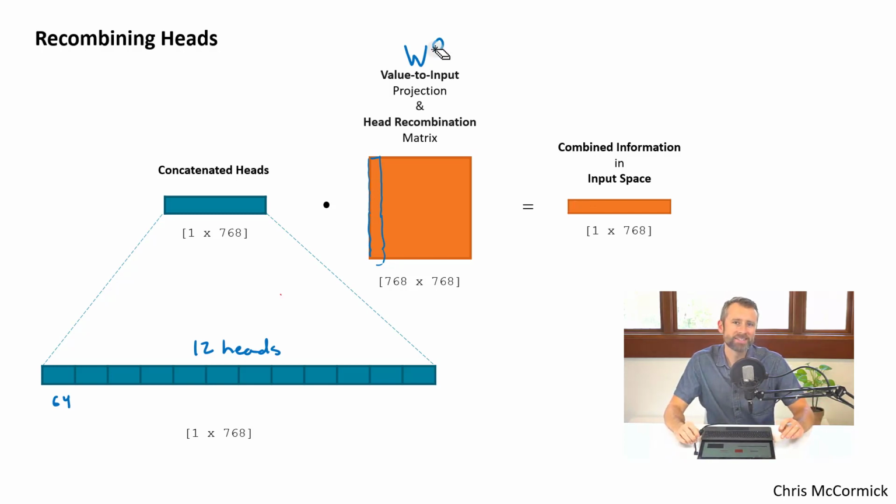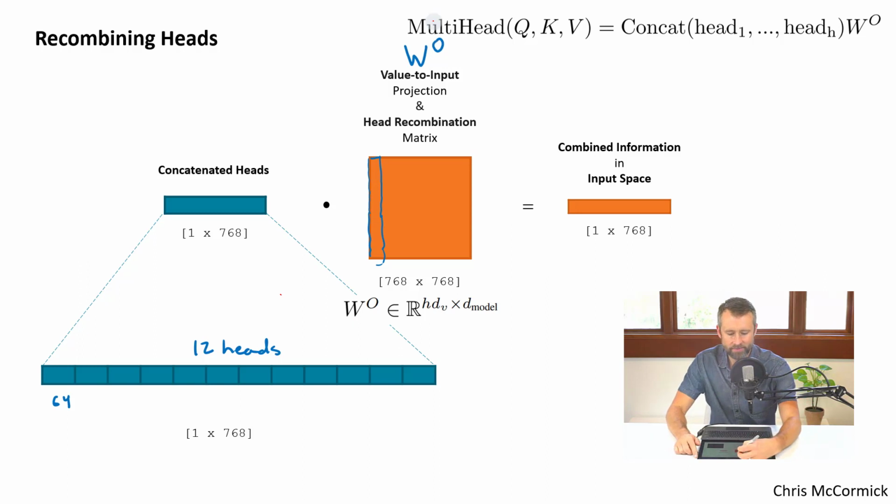This step of the process is captured in the first line of the equation, where we have the multi-headed attention function, and it shows that we are going to concatenate the 12 different heads. H is the number of heads. Not sure if we've seen that before, but it's important.